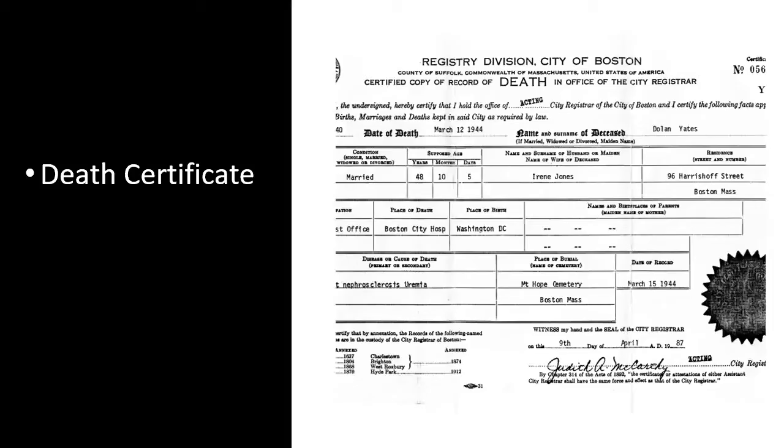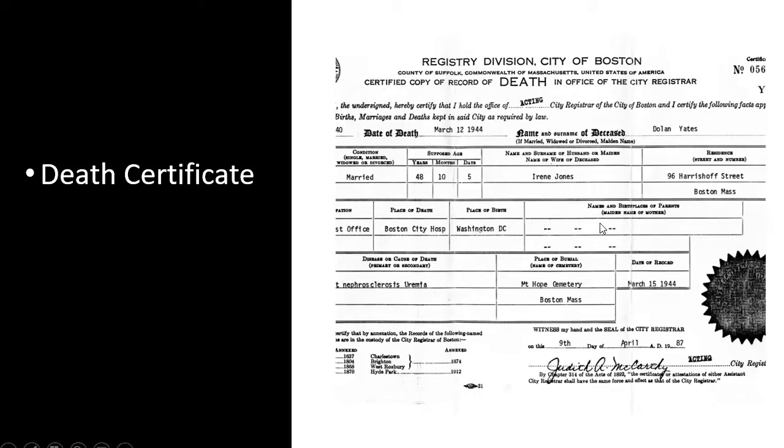Now, one of the key things in terms of trying to find a cemetery, and this is a death certificate, and this is for my grandfather, Dolan Yates. What it talks about is who his wife is, where he lived, what he died from, where he worked, place of death, place of birth.